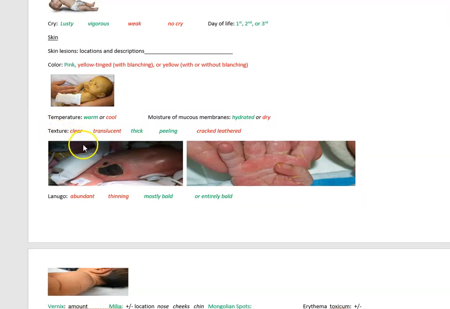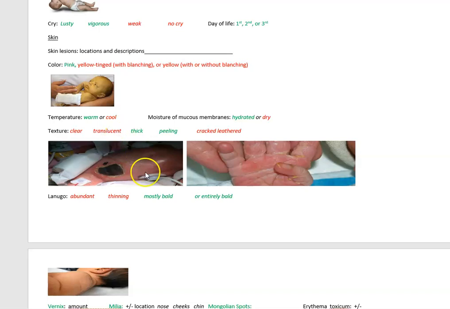Our skin texture. Newborn babies that are premature can have clear skin, and you can see all these vessels on the skin. This is some eschar material, as this baby had a surgery, but I just really want you to look at this area, and you can see how premature this baby's skin is because you can see the veins directly through it.